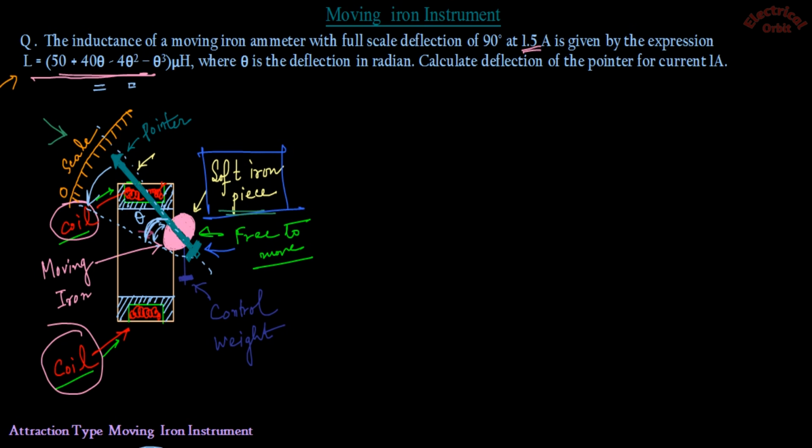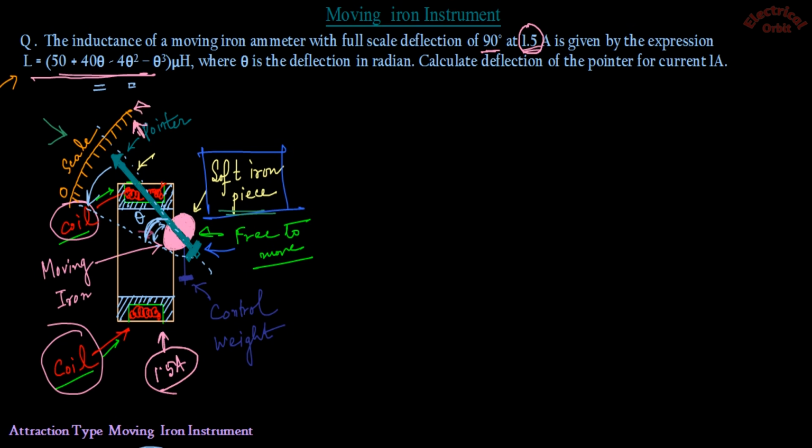The inductance of a moving iron ammeter with full scale deflection of 90 degree at 1.5 ampere. Okay, so whenever you are flowing a current of 1.5 ampere through this coil, the pointer goes to its final position.